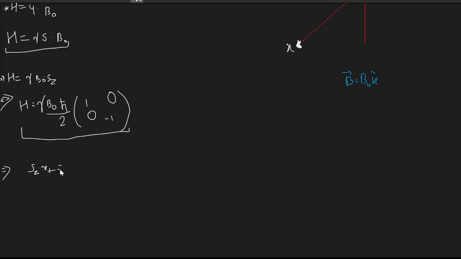So S_z yields positive h bar divided by 2 times x plus. So this is an eigenvalue equation.